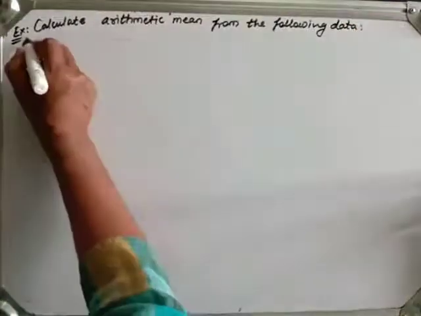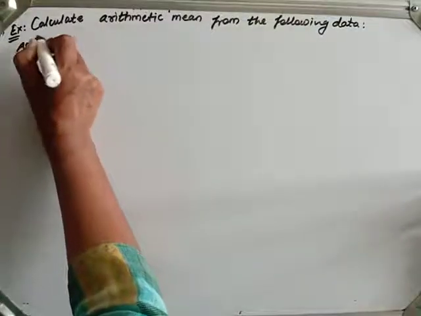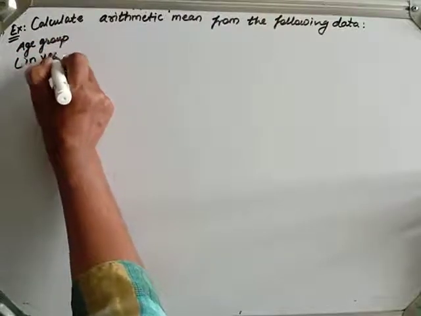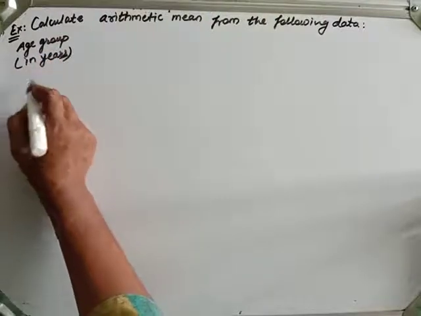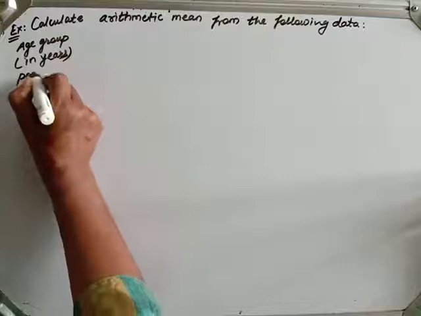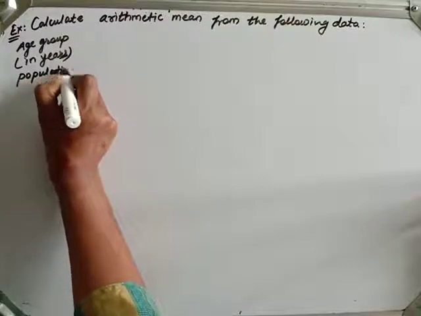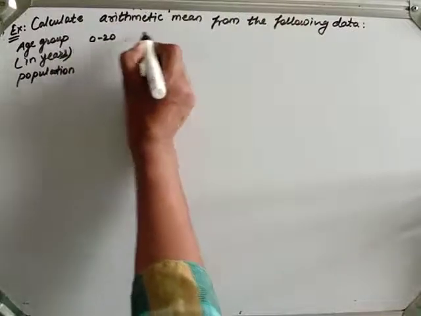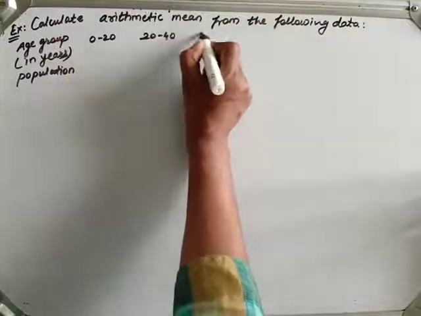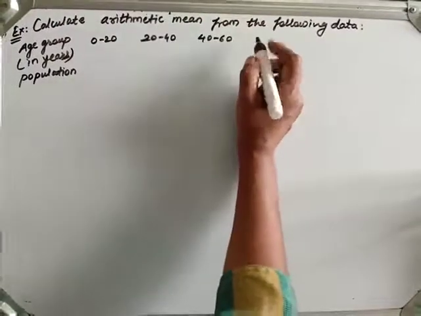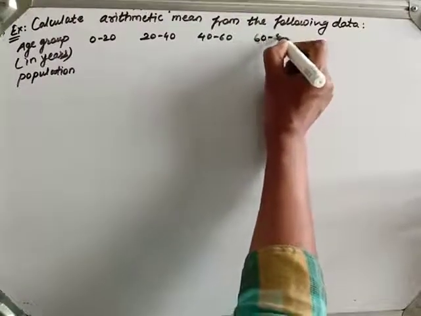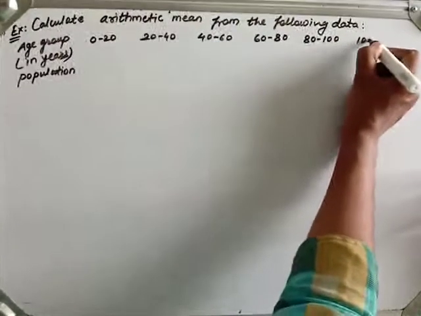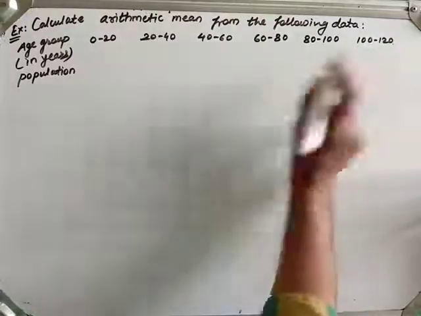The data is age group, in years, and suppose the population is given to us, the population for the corresponding age group. Age group in years, suppose 0 to 20, 20 to 40, 40 to 60, 60 to 80, then 80 to 100, and 100 to 120.